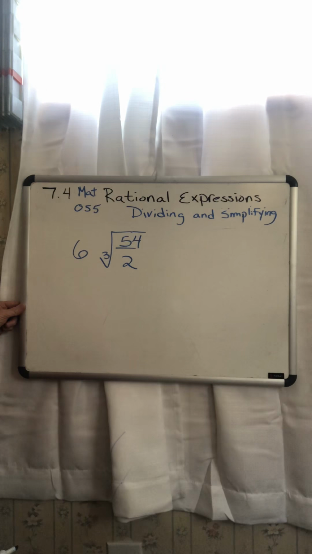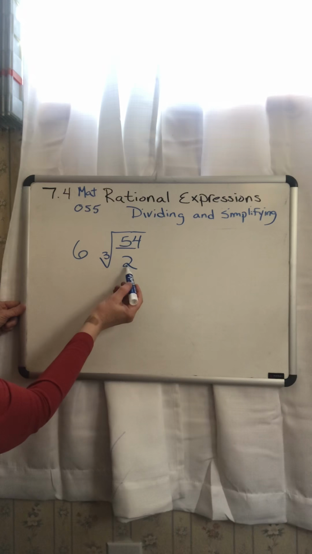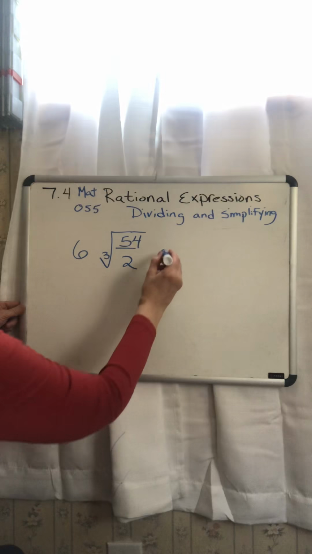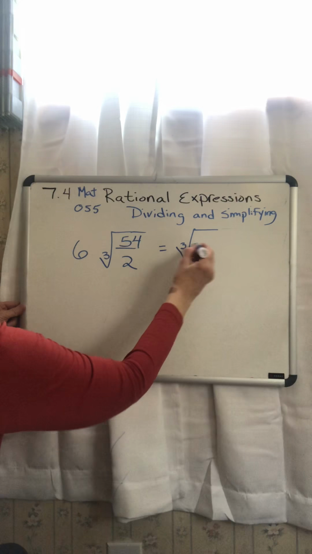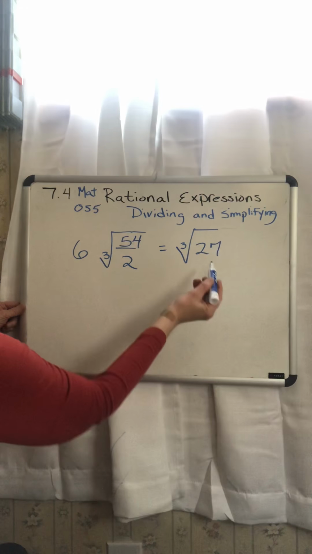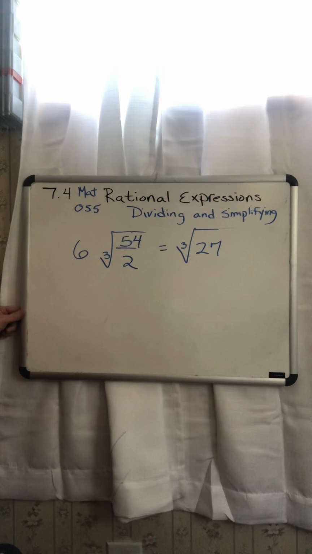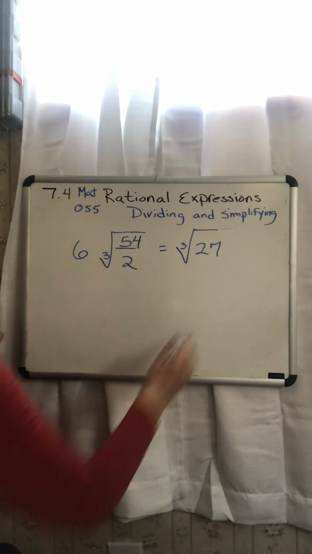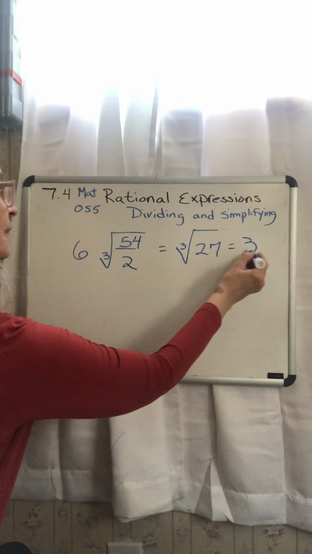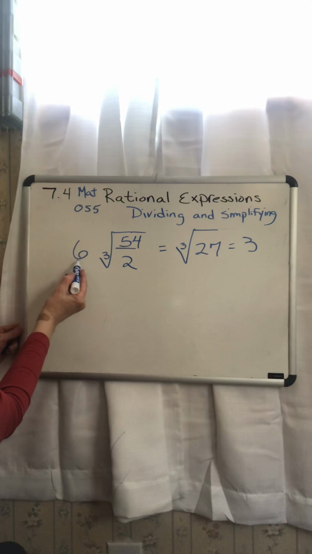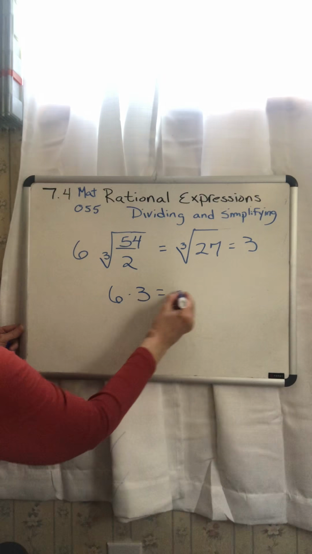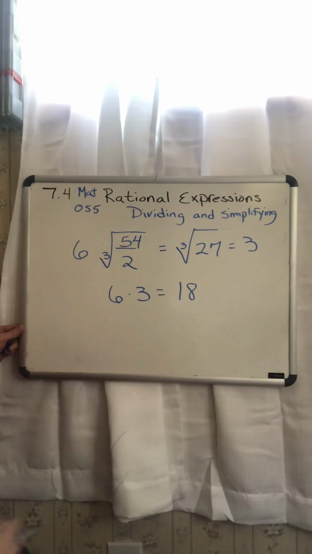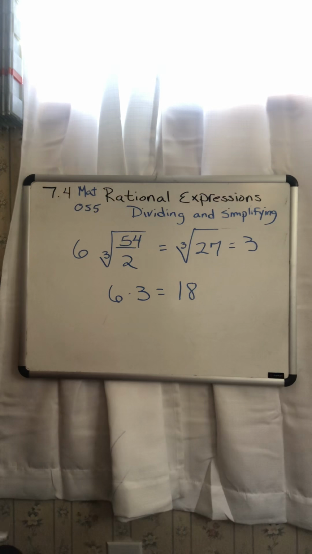Okay, so we would begin by dividing 54 by 2, which gives us 27. 27 is a perfect cube. Remember, 3 times 3 times 3 is 27. So that would equal 3. We have this 6 outside of the radical sign, so we multiply the 6 times 3. So our complete answer then is 18.